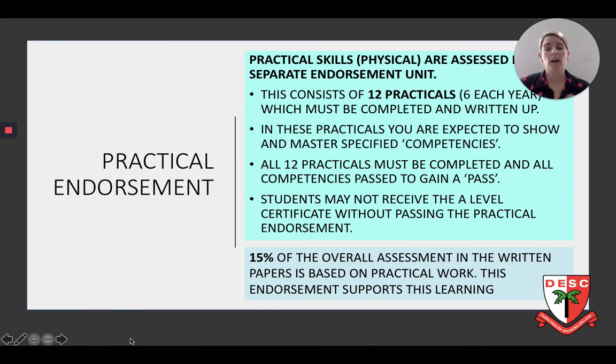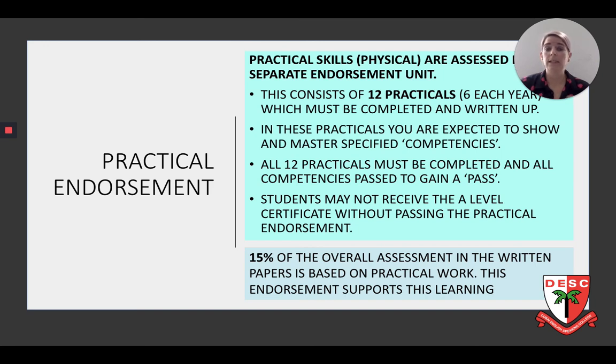The final part of the A-level physics course is the fact that we have a practical endorsement. As mentioned earlier, AQA have heavily involved the students in learning about the practical application of physics. Over the 2-year course, there are 12 required practicals that students must cover, 6 in the first year and 6 in the second year.